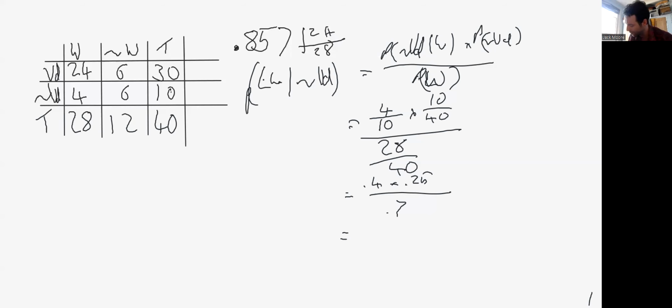So we've got 0.1 divided by 0.7, which equals 0.142. So the probability that Liverpool win, given Van Dijk is not playing, is about 14%, which isn't good.